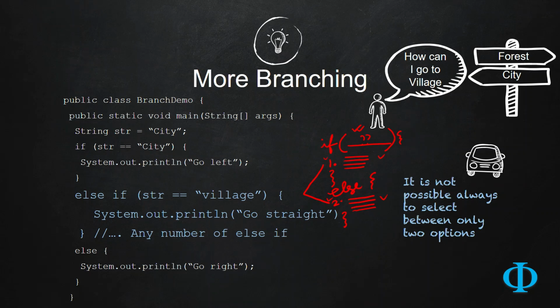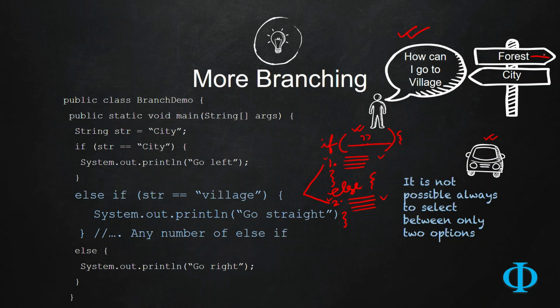Now, sometimes it is not possible to represent the situation using only two branches. For example, again consider the real world situation on the right hand side of the slide. Here, let's say you are driving and this time on the road you came to a junction where there are three different options.